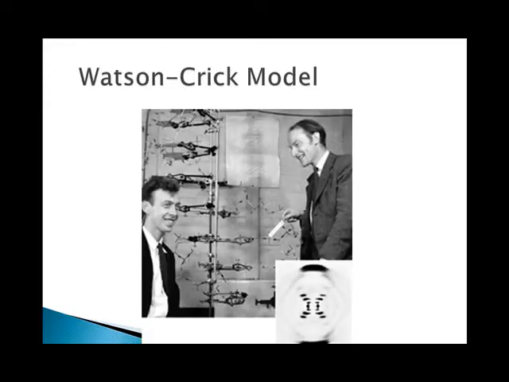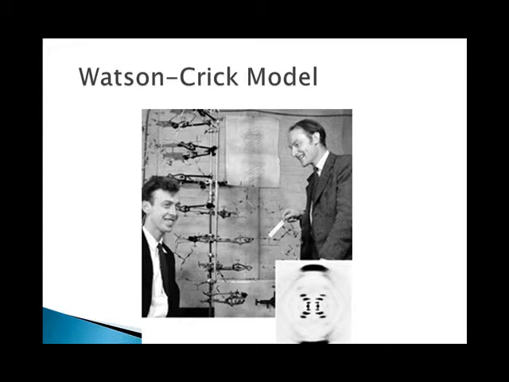Well, down the hallway were Watson and Crick. James Watson was one of the youngest PhDs ever awarded, and Francis Crick was his partner. Watson's an American, Crick was British. And they worked with Franklin and her partner, Maurice Wilkins, a little bit.